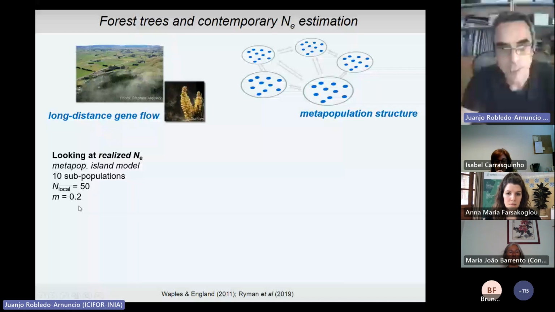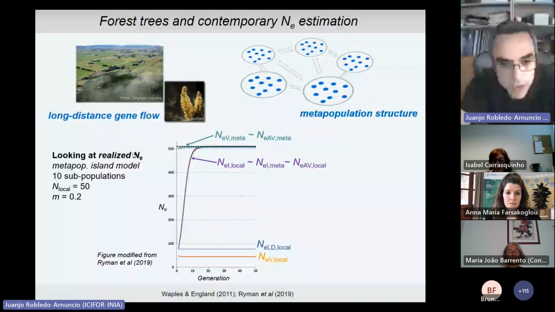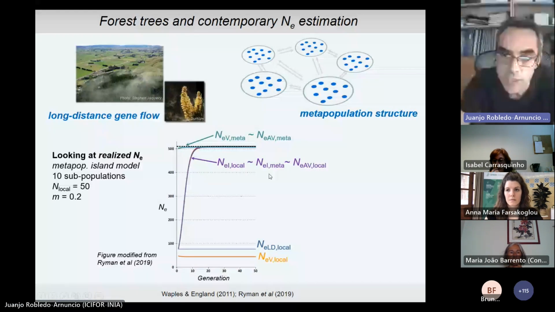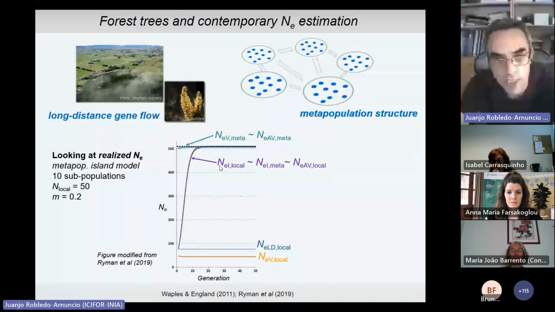And what I find really interesting in this study is that once you have equilibrium in the metapopulation, drift-migration equilibrium, the local inbreeding effective population size and the additive variance local effective population size converge to the metapopulation inbreeding and additive variance effective population size. These are the top lines here.